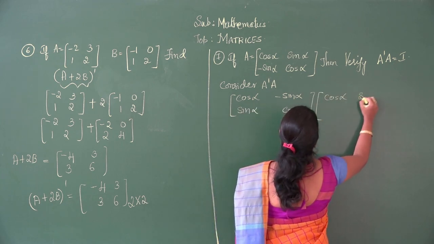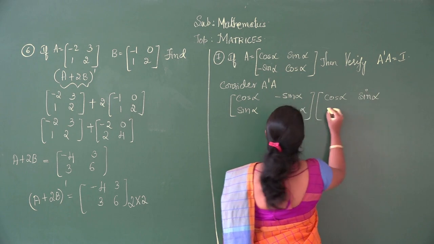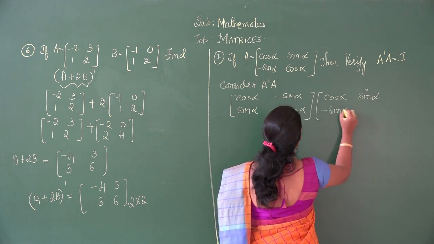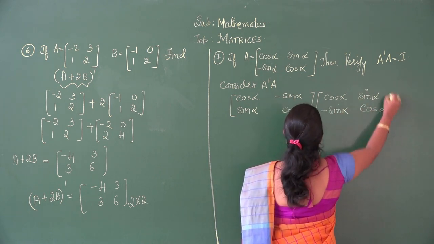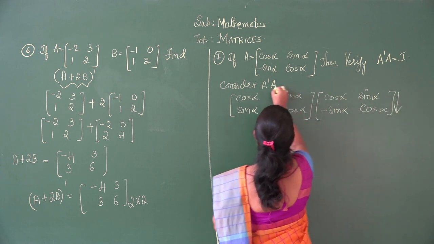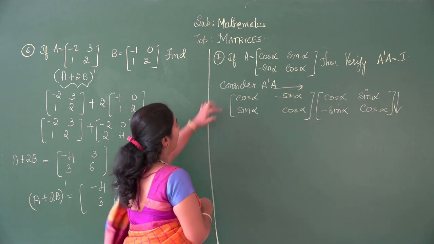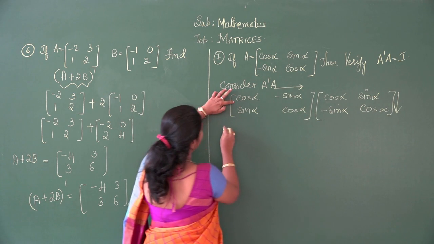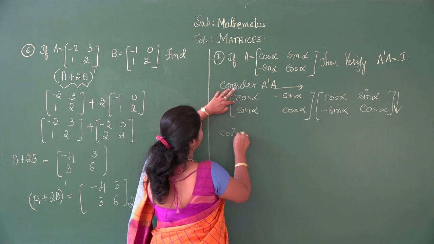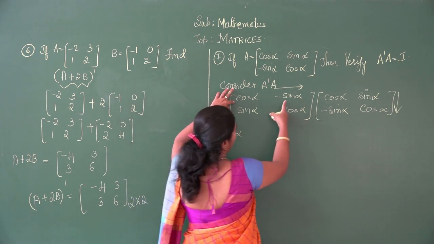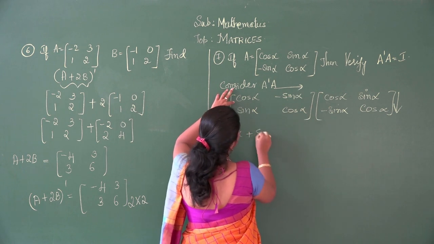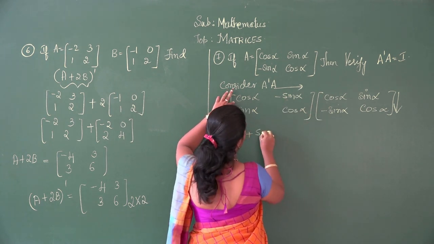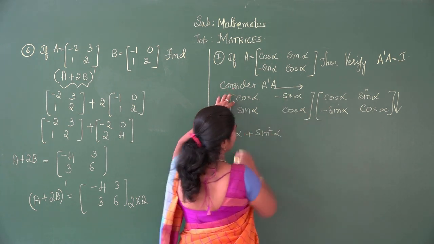Cos alpha, sin alpha, minus sin alpha, and this is cos alpha. Matrix multiplication row wise. Cos alpha into cos alpha is cos square alpha, minus sin alpha into minus sin alpha will be plus sin square alpha.